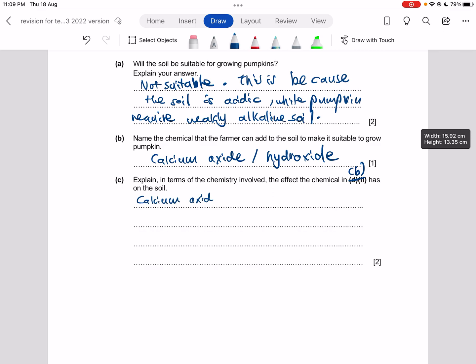You say that calcium oxide will react with acid in the soil to form salt and water. This will increase the pH of the soil.